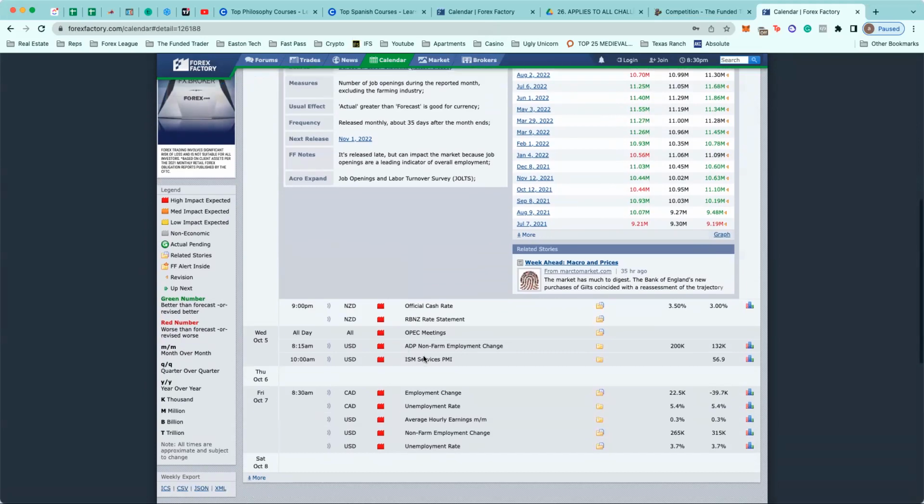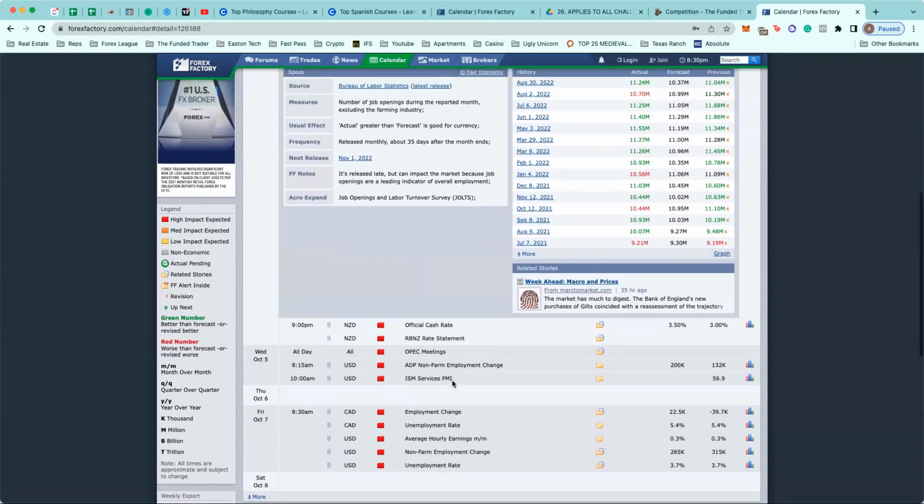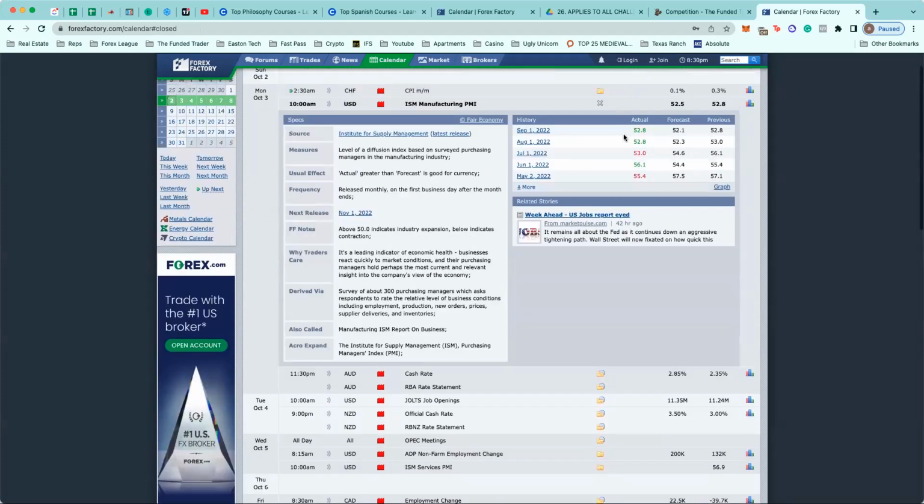Then we've got some NZD news. And then later in the week, as we mentioned, Friday is going to be a crazy day with a lot of volatility. So if you're going to be in trades, even if you're in the challenges, just come on here, because it's going to move the market whenever these come out.